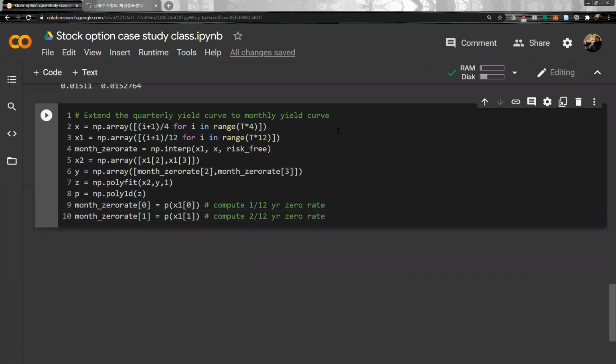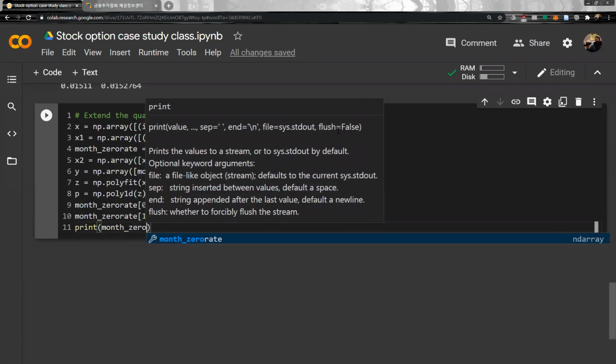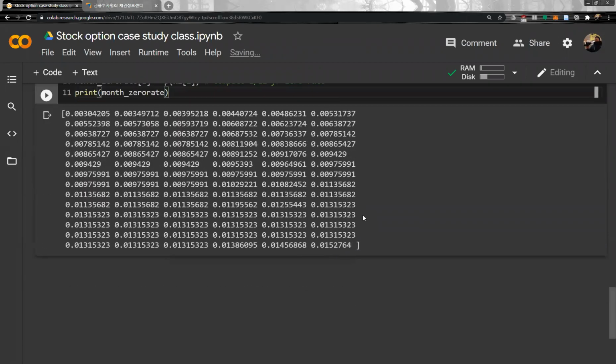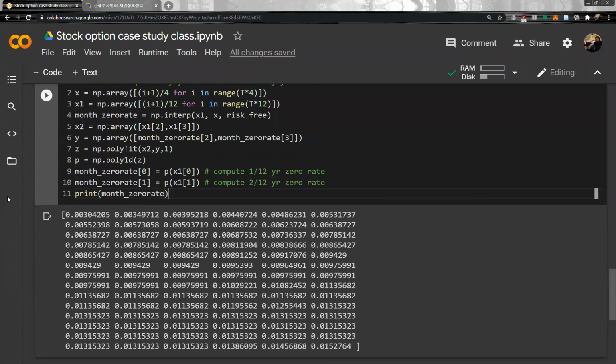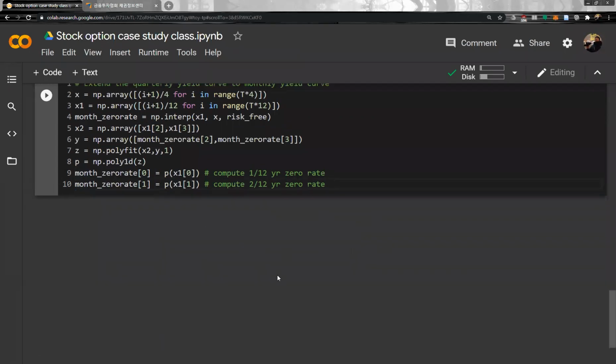Okay, and then let's print month zero rate, and we have zero rates like this. So for the next 7 years, the monthly zero rate looks like this one. Okay, good. And then let me delete this one.